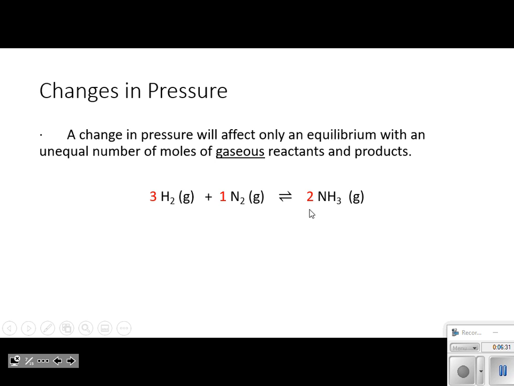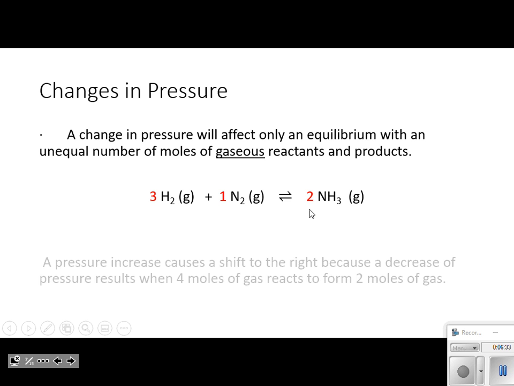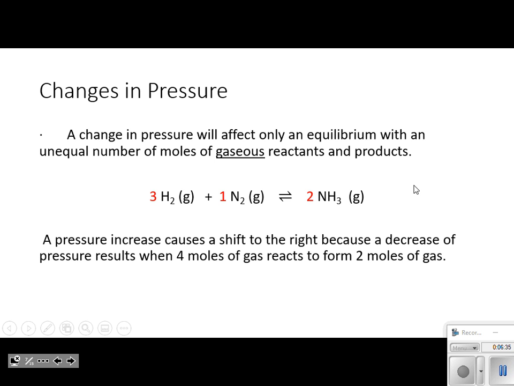Now, how is pressure going to affect this reaction? Well, an increase in pressure causes a shift to the right because a decrease of pressure results when 4 moles of gas react to form 2 moles of gas. So basically, if I increase pressure, it's going to drive the equation to the smaller number of moles.